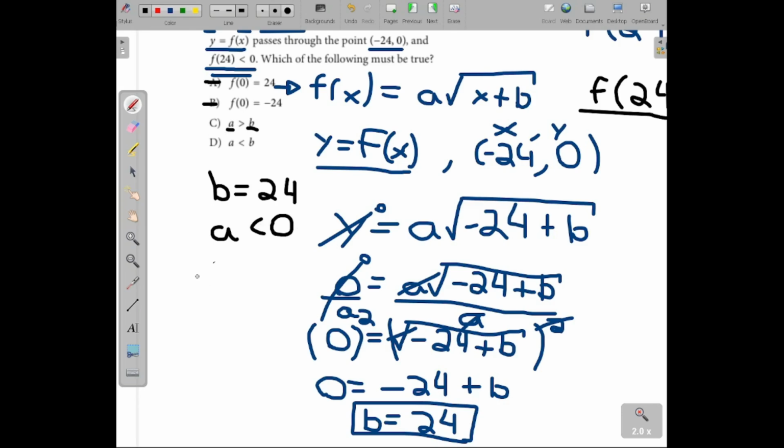No, because A is a negative number and B is 24. So 24 is greater than A. C cannot be the answer, therefore the right answer is D. A is less than B.